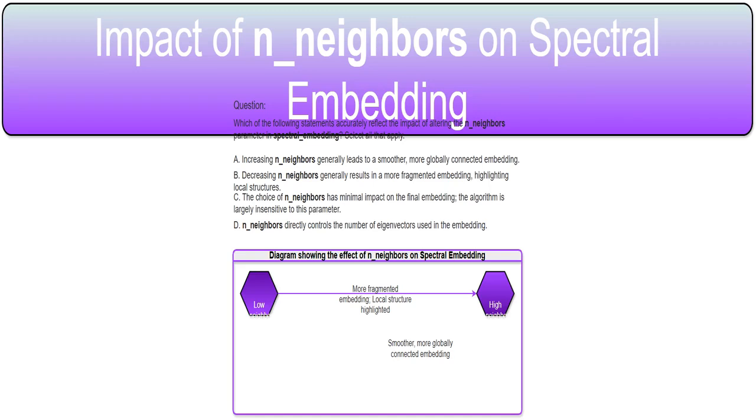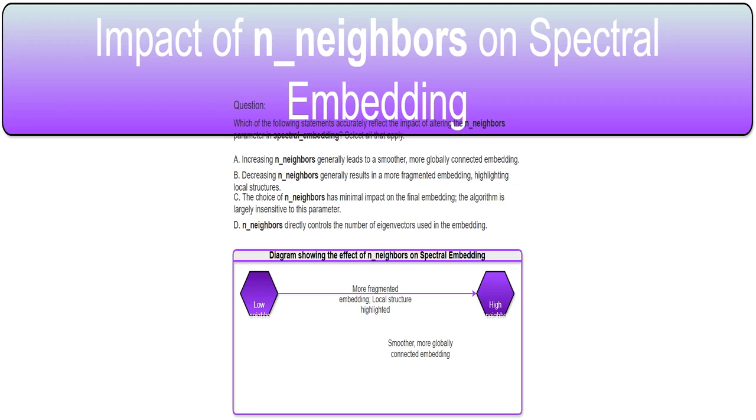I'm analyzing how the n_neighbors parameter changes the results of spectral embedding, a dimensionality reduction technique. It's all about how many nearby data points we consider when building a graph to represent the data. This graph's structure directly impacts the final, reduced dimension representation of the data. We'll see how changing this parameter affects this representation.